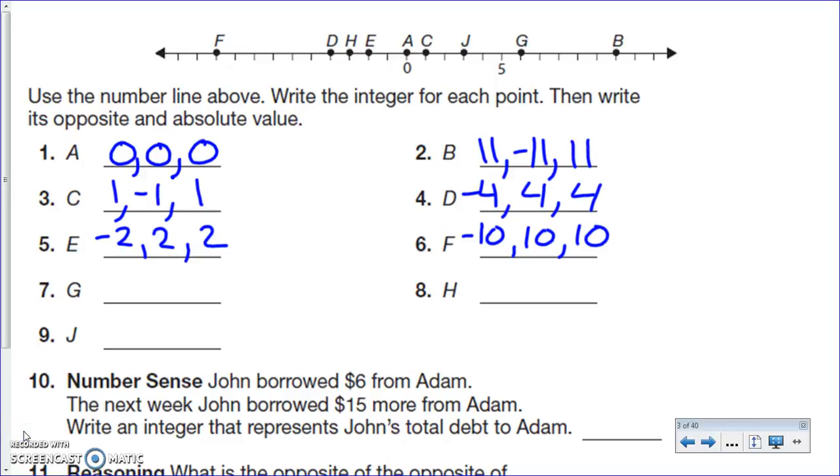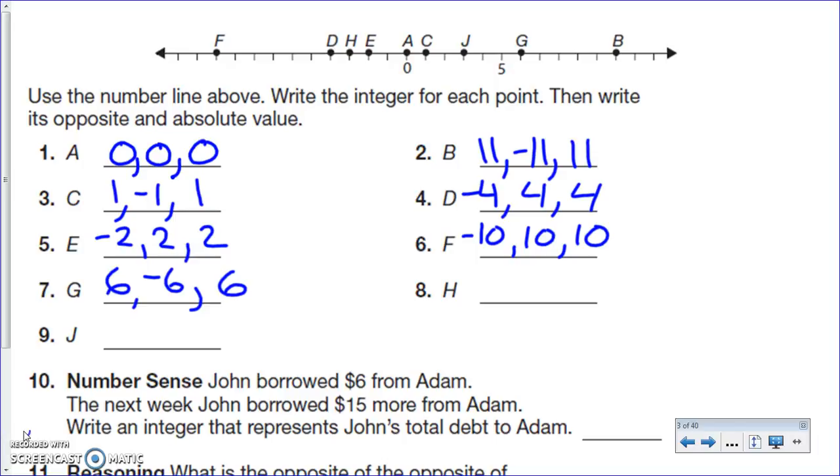For 7, we have G, and we can see that's on positive 6. So we're going to write 6, comma, negative 6 for its opposite, comma, 6 for its absolute value. Then for H, if we count over, we can see it's on negative 3.